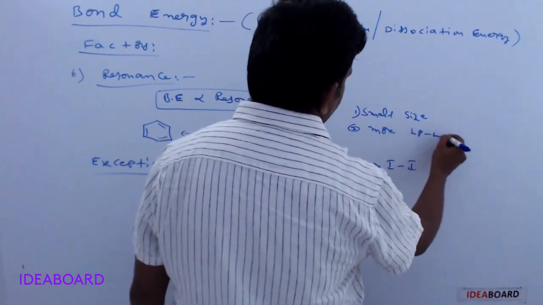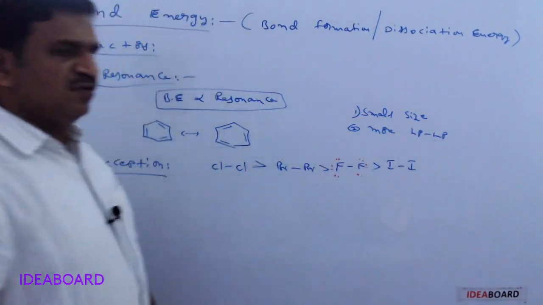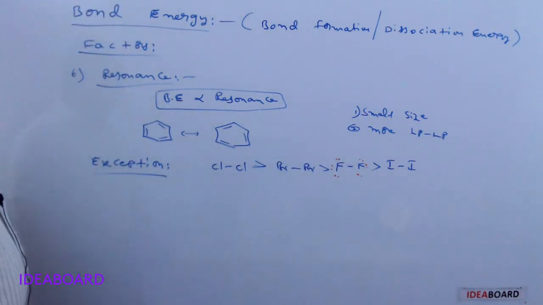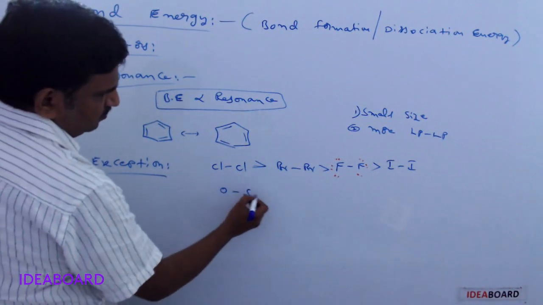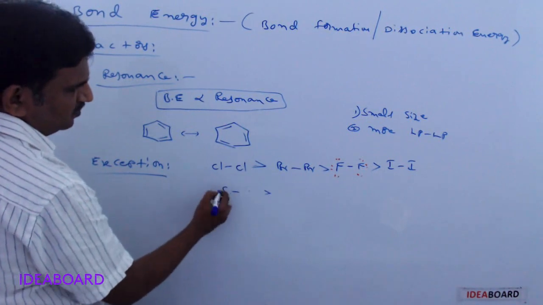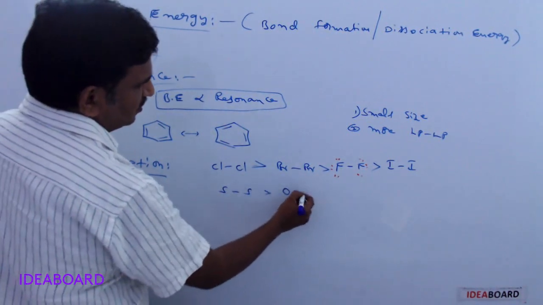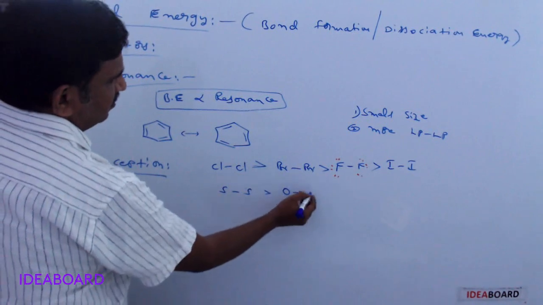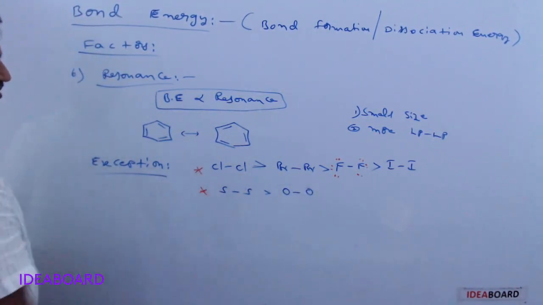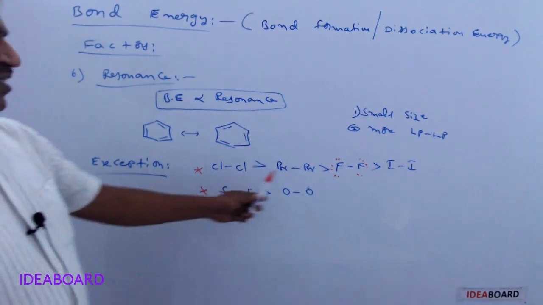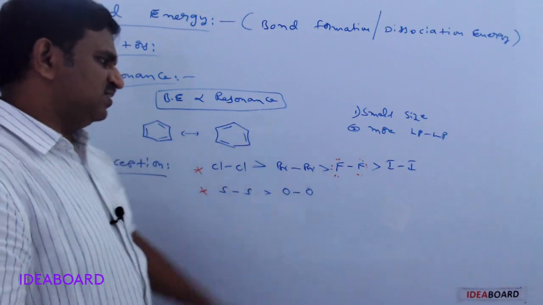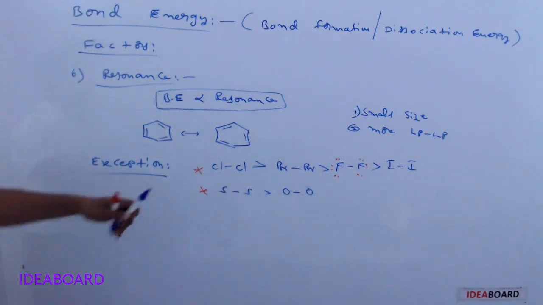These lone pair repulsions decrease the bond energy value. The same effect is also observed with oxygen and sulfur: sulfur has more bond energy than oxygen. Please remember these two. Generally we think the small fluorine atom has more, but here fluorine has less. These are exceptional cases.